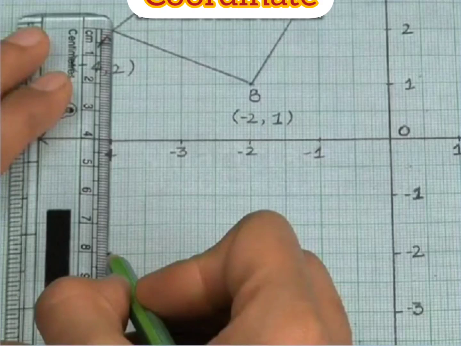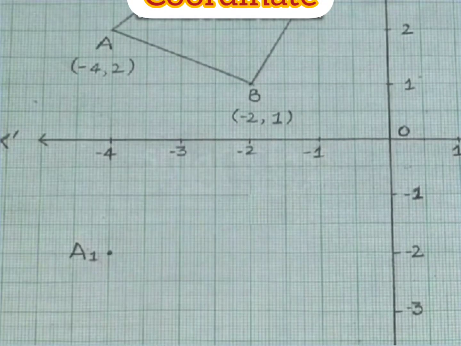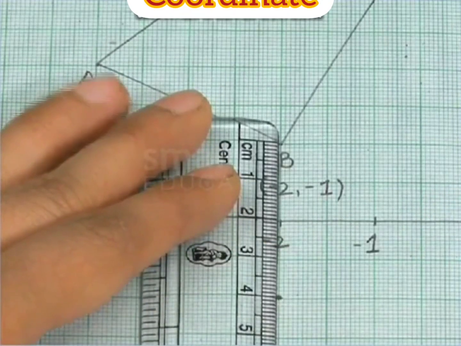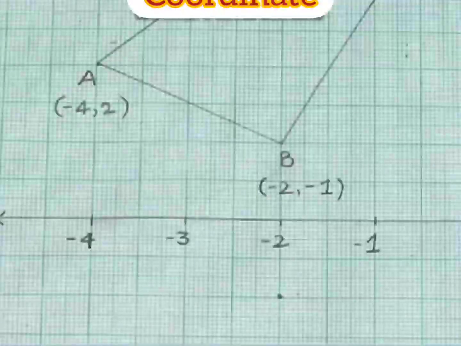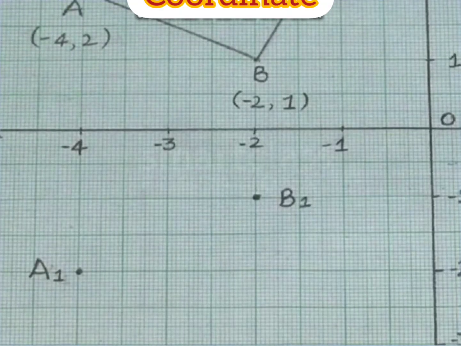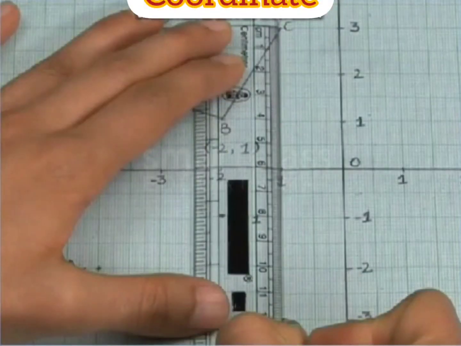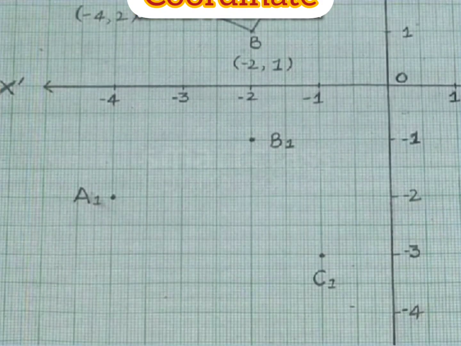Now plot the mirror image of A with respect to the x-axis and name it A1. Now plot the mirror image of B with respect to the x-axis and name it B1. Similarly, draw the mirror image of point C with respect to the x-axis and name it C1.